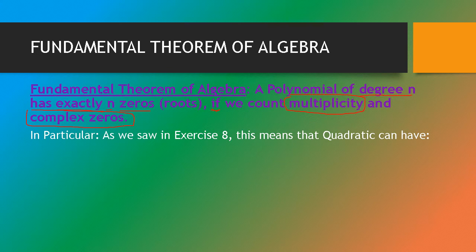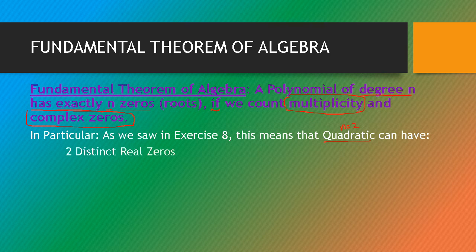Every quartic will have 4 zeros, and so on. And in particular, we saw in exercise 8 that every quadratic, because quadratic means that n is 2, should have 2 zeros. Good.